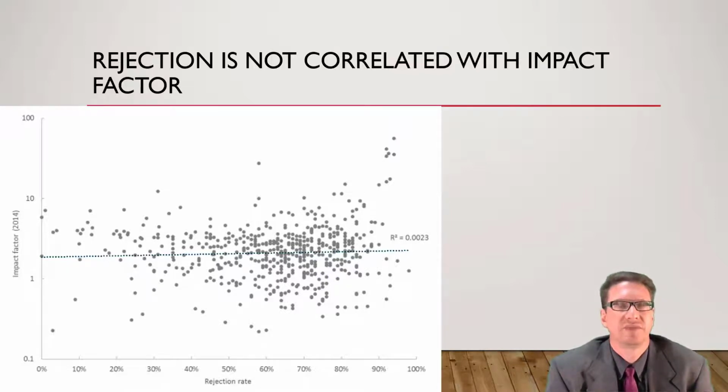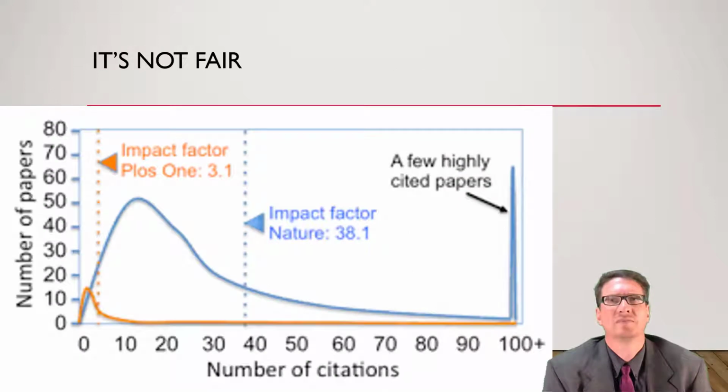Obviously there are some journals that have ultra high impact factors and really high rejection rates. Nature has a very high rejection rate, for example. But oftentimes you have a reasonable chance in a high impact factor journal. Some journals have a much higher impact factor than others, and this doesn't necessarily mean that all of their papers are better.